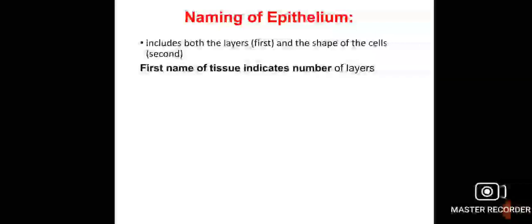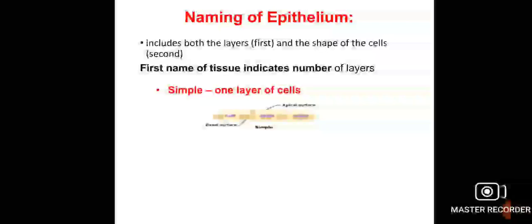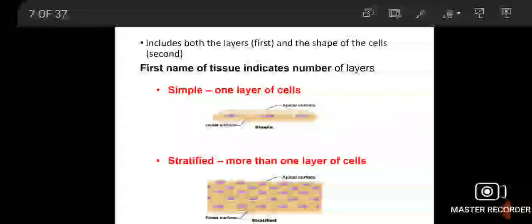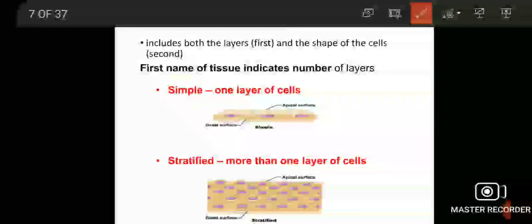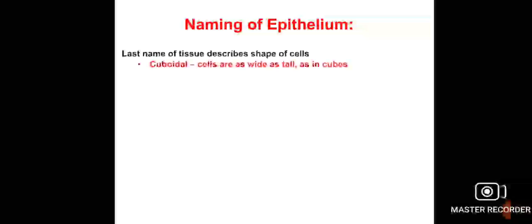The first name of the tissue indicates the number of layers. For example, it can be simple or it can be stratified. Simple means a single layer, one layer of cells, and stratified means more than one layer of cells. And the last name, the second name, describes the shape of the cell.